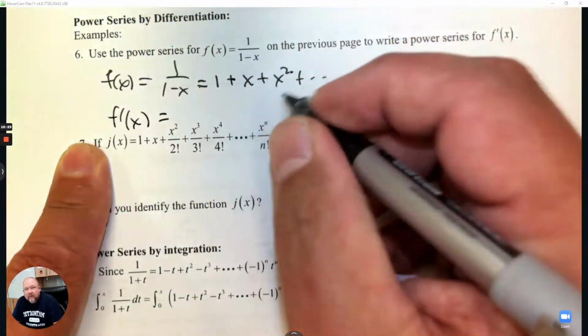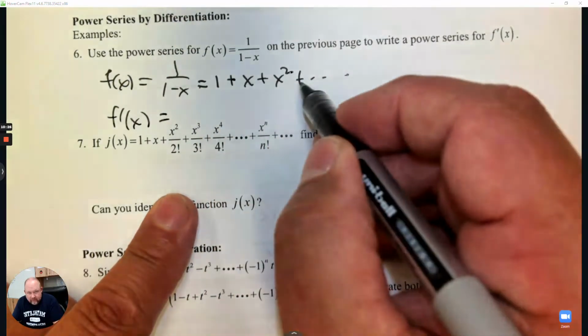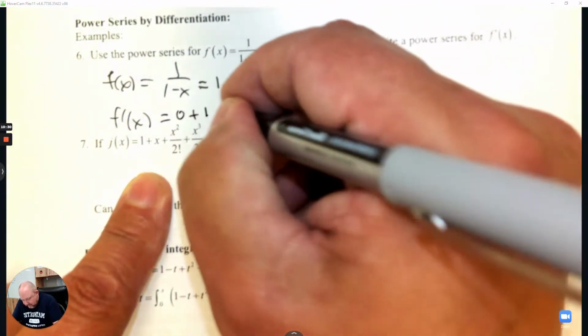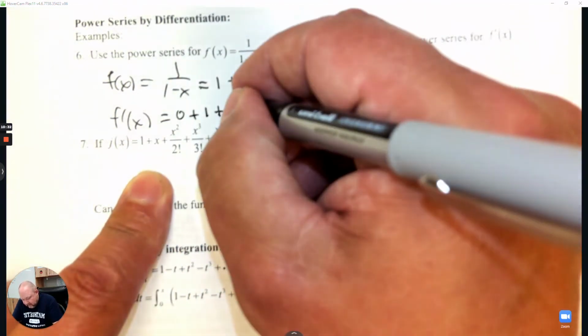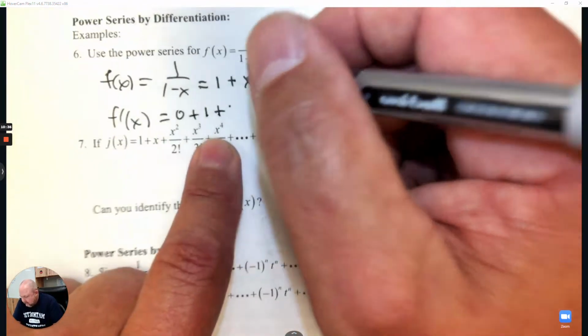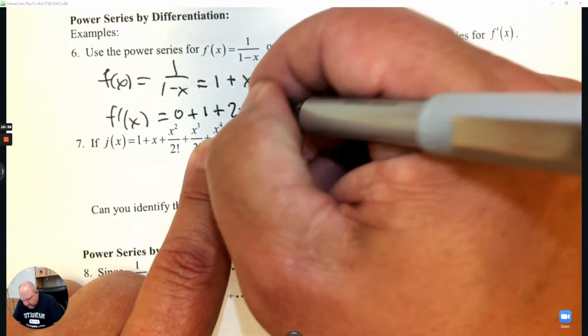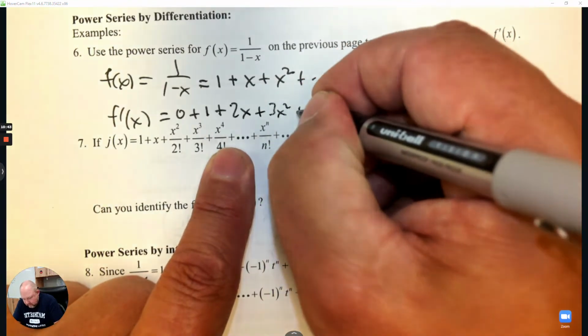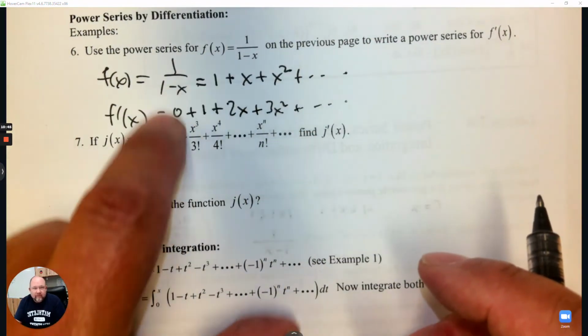The derivative of that would just be the derivative of each term. So the derivative of 1 is 0. The derivative of x is 1. The derivative of x squared is 2x. The derivative of x cubed would be 3x squared, and so on. So just taking the derivative of each one.